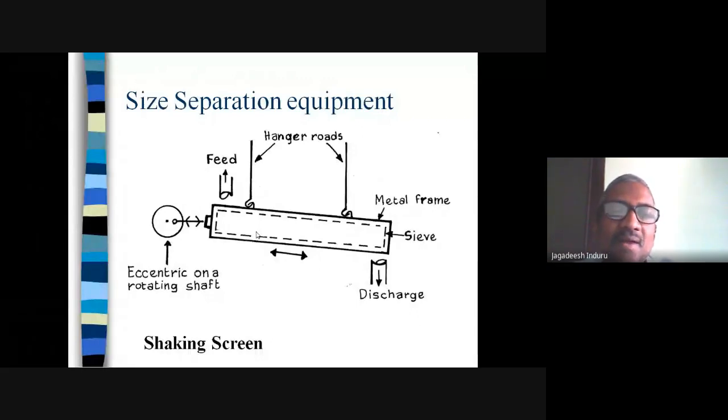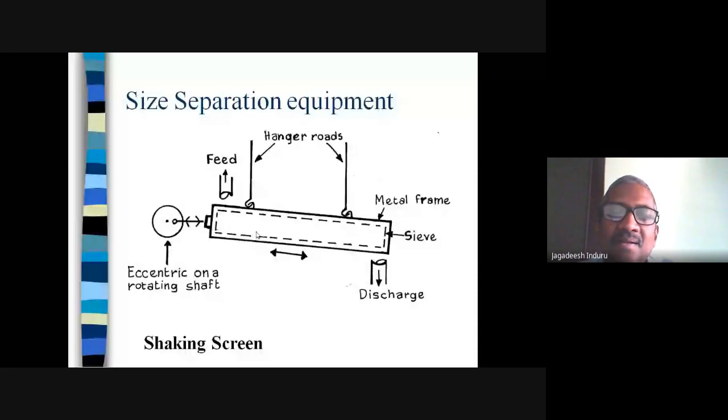Now, what is going to be contained here? Of course, it contains a metallic frame that holds your material so that it does not fall or spill out. And this is internally built with one sieve that has an aperture size of opening. Now you may get the question: it is given as a sieve, but in the bottom you are giving a screen. We have made them different.